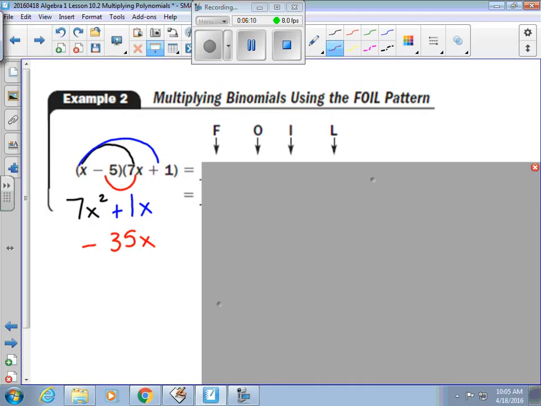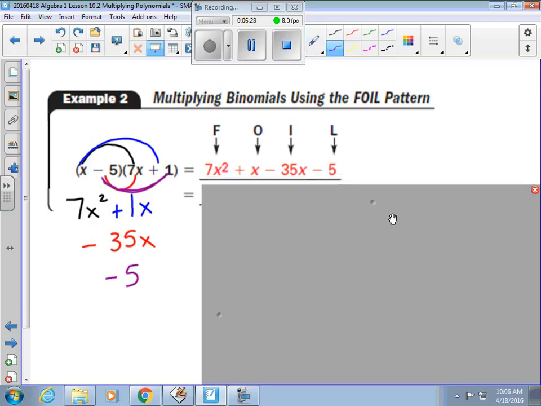If x and 7x were the first two terms, then negative 5 and positive 1 are your last two terms. That gives you negative 5. So now we have four different terms: 7x squared plus x minus 35x minus 5.